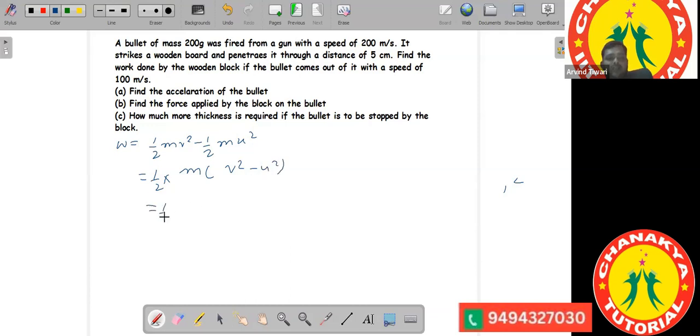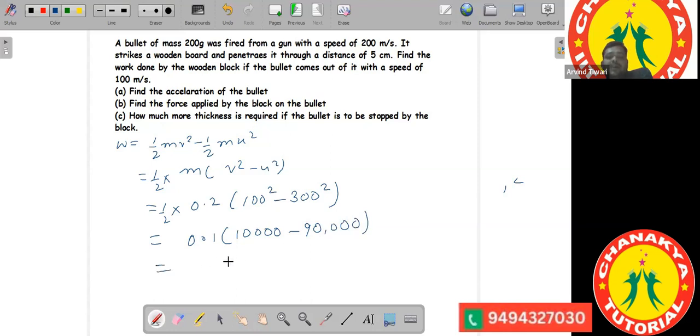So you get 1 by 2 multiplied by mass, which is 0.2, and your final velocity is 100, so 100 squared minus initial velocity 300 squared. This is 0.1 into 10,000 minus 90,000.